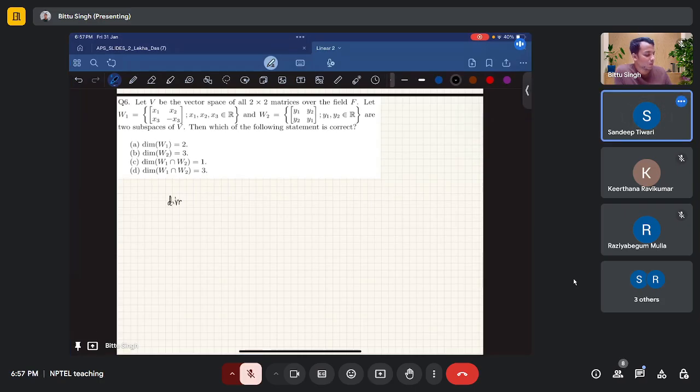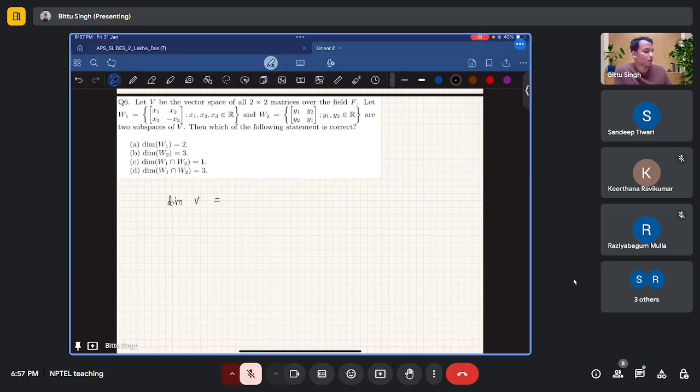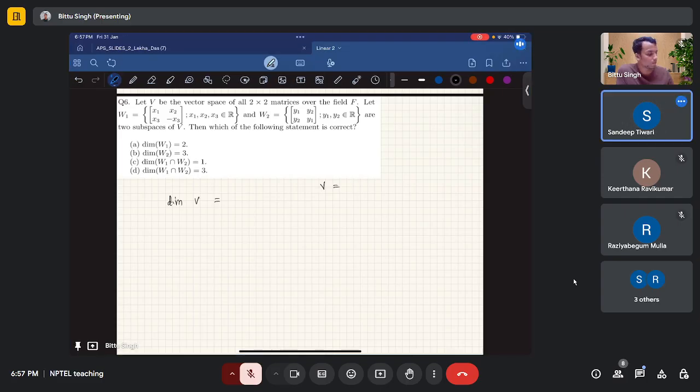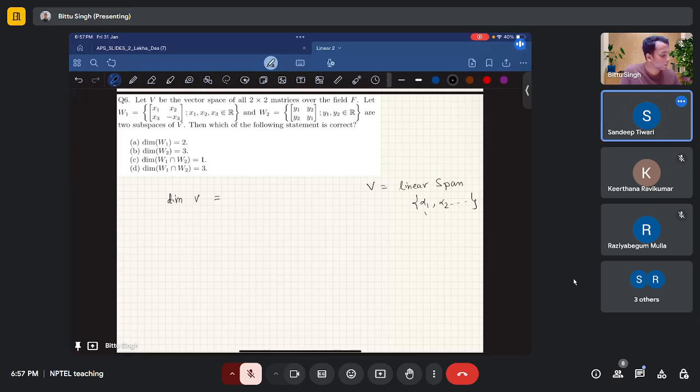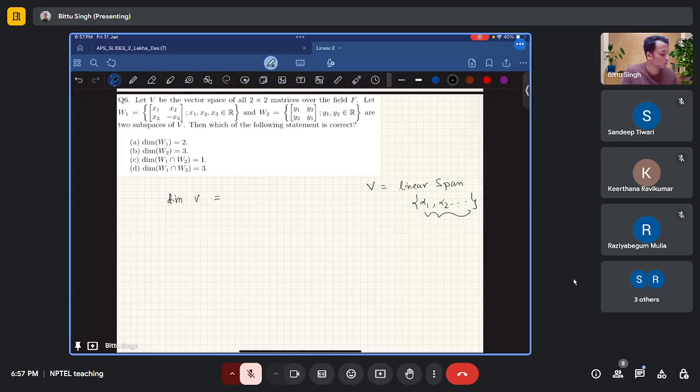Dimension of a vector space V means any vector space V can be written as linear combinations of basis elements. Okay. So V can be written as the linear span of some elements alpha 1, alpha 2 up to alpha n.